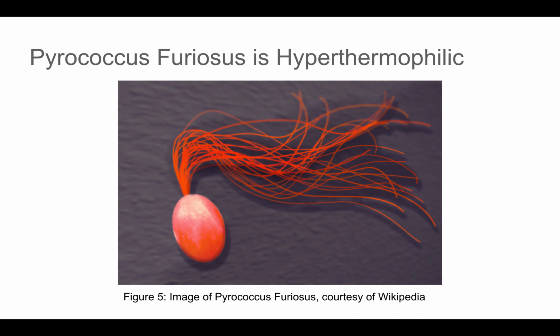Now, we decided to begin with an organism called Pyrococcus furiosus, or PF, which is hyperthermophilic. So this primitive bacteria lives at a very high temperature, and so the enzymes that it makes must also function at this extremely high temperature, which is good for more industrial processes.